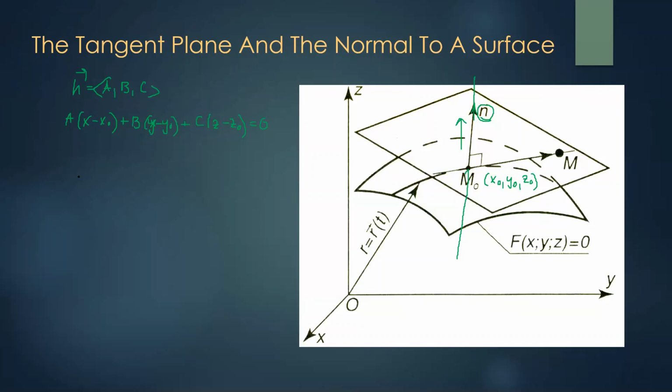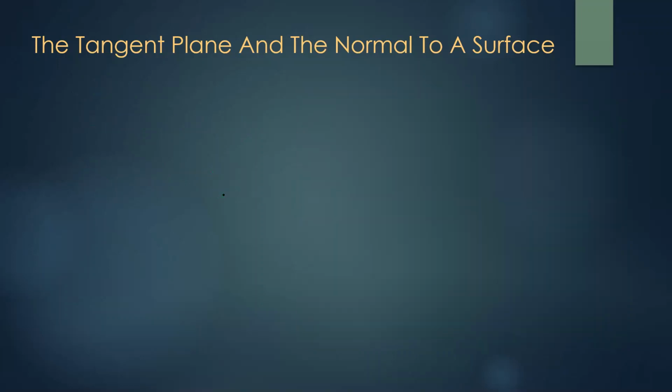So now you see that we can write this using the same numbers and the same vector, the same point. The only question remaining is, what are these numbers ABC? How do we find these numbers ABC? How do we find the, let's say, the direction perpendicular to the surface? And that's what we will do right away.